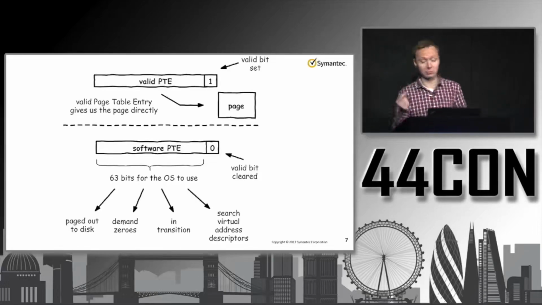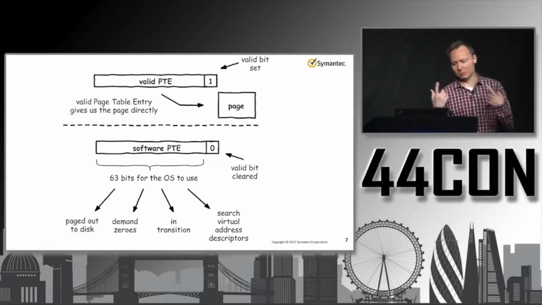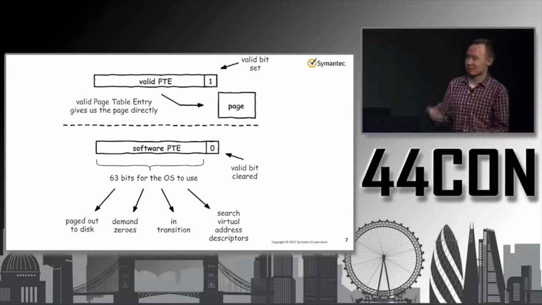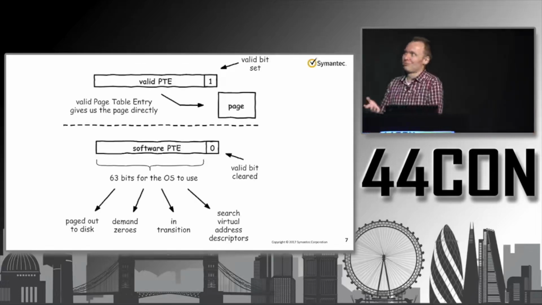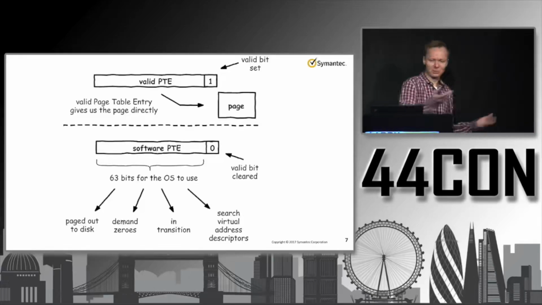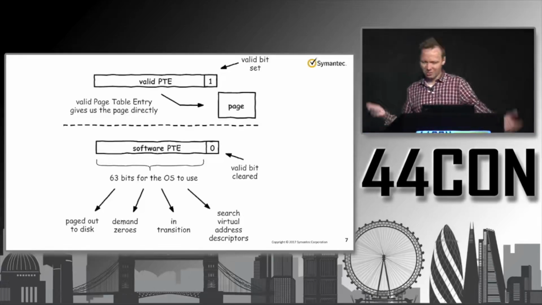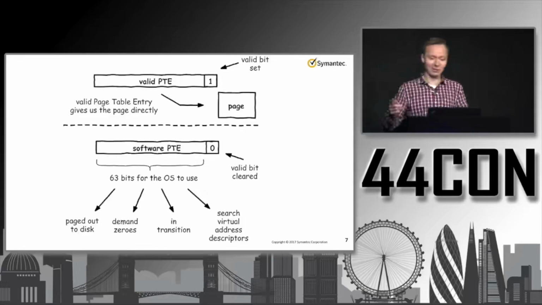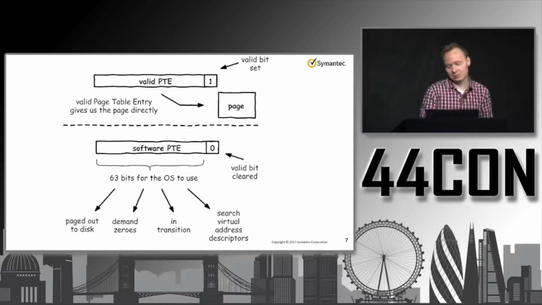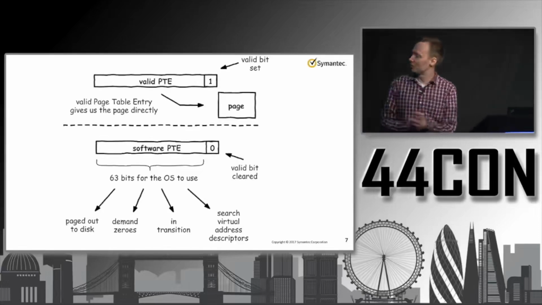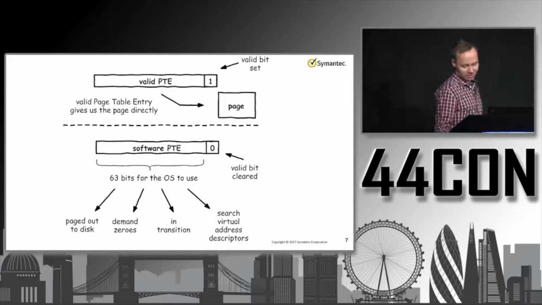It can be in transition, which is kind of weird. The memory manager has noticed that some page hasn't been accessed for a while, so maybe it's somewhere in between in memory and on disk, but it's actually in memory and it's actually valid, so it's not a problem. And the last thing is that I don't know. You need to go and search something called the virtual address descriptors.